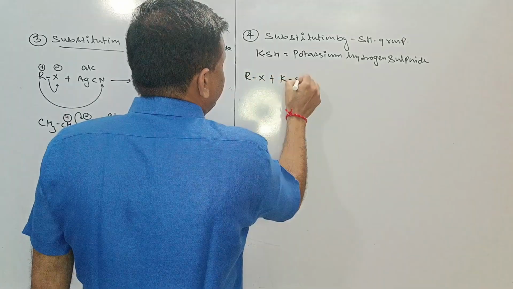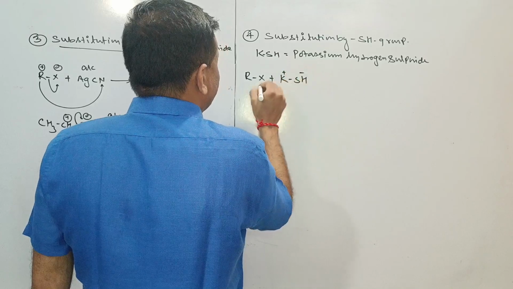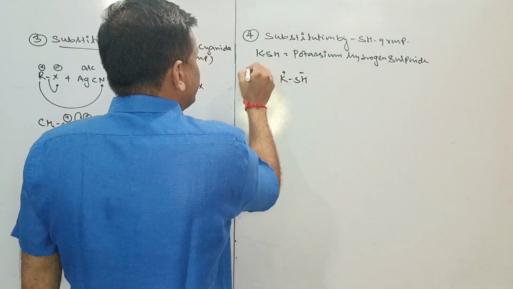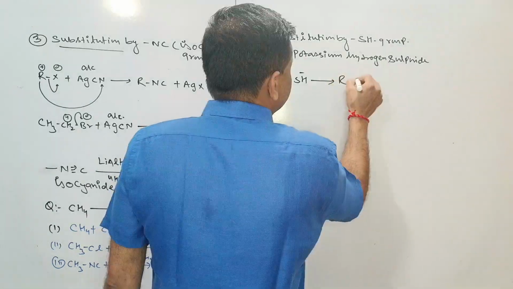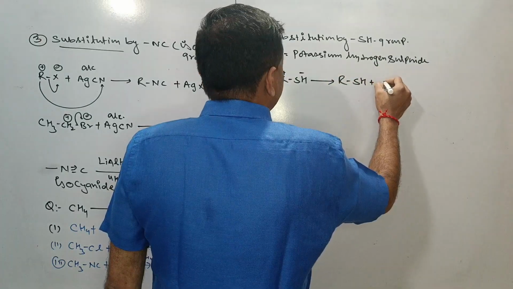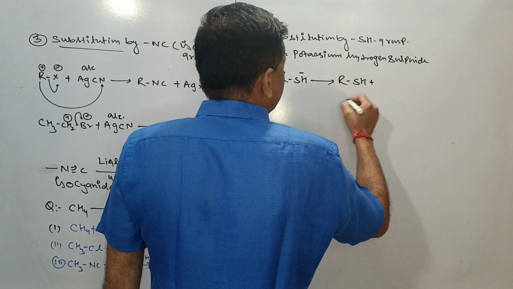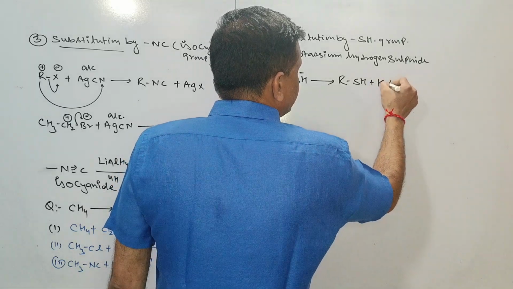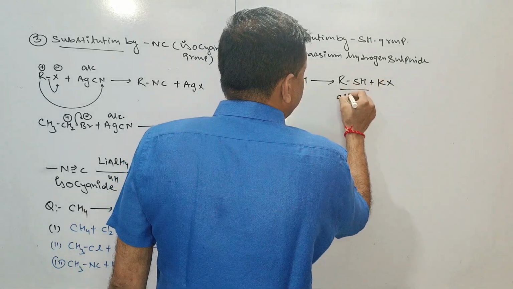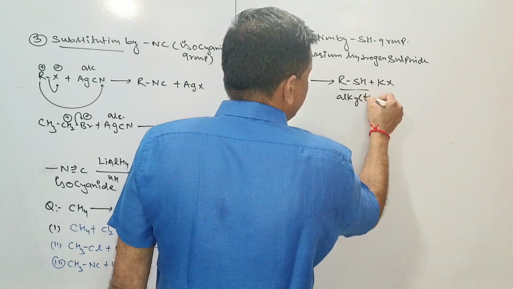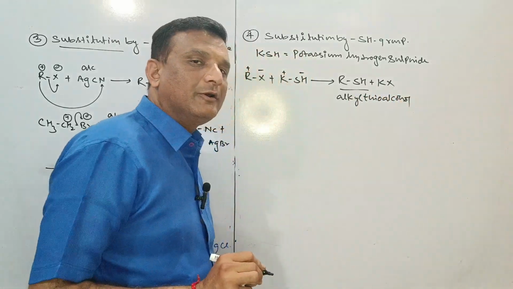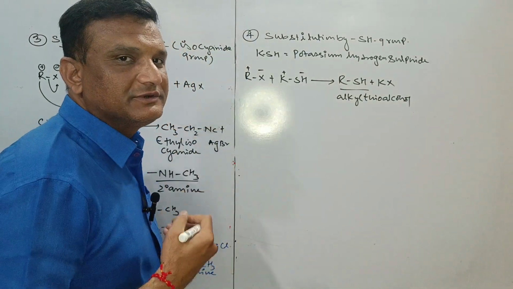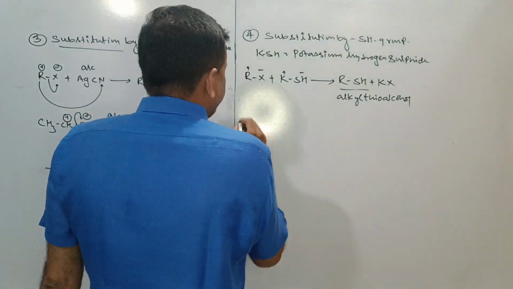Potassium hydrogen sulfide dissociates into K+ and SH-. Here will be formation of RSH plus KX. This is the alkyl thioalcohol, or you can say alkane thiol also according to the IUPAC system.